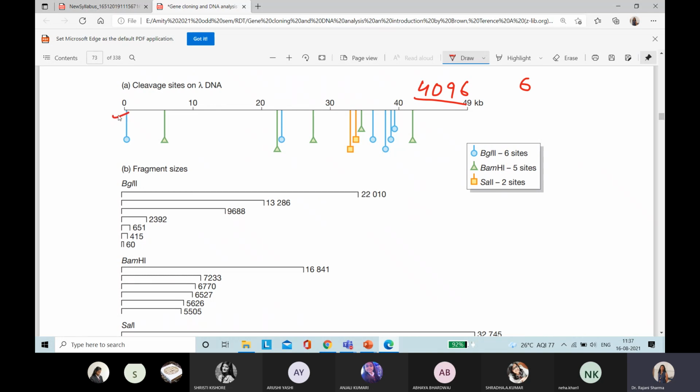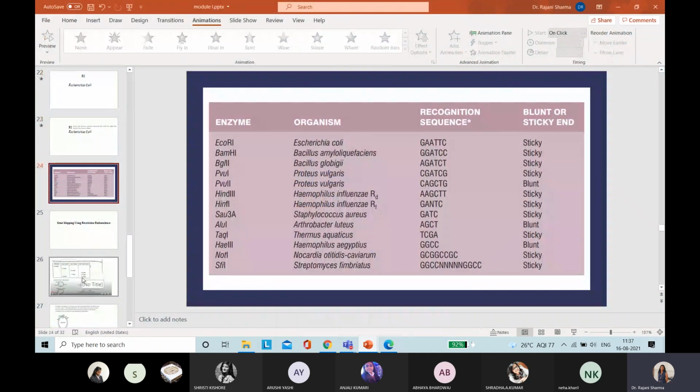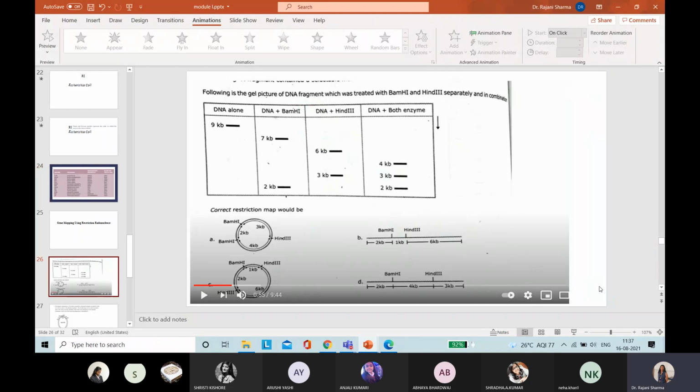To understand how many fragments and cutting sites there will be, we need to know the map of the genes. Using restriction enzymes, we can also map the DNA. Here I have given a few examples of how we can map the DNA.